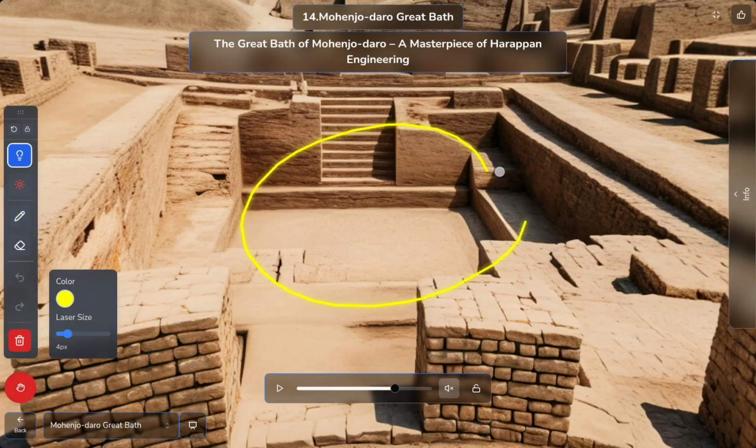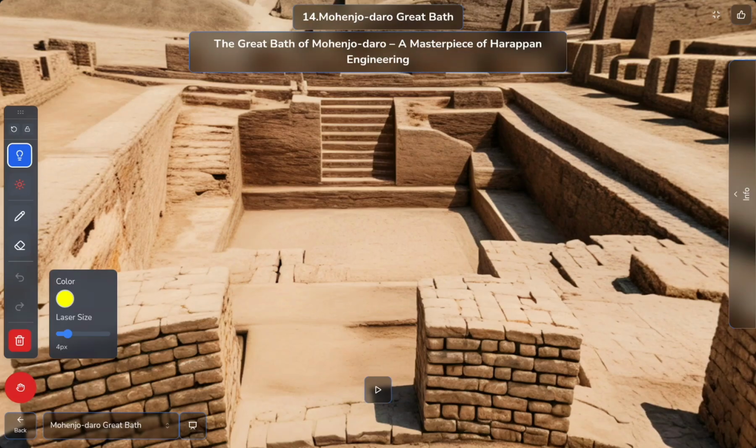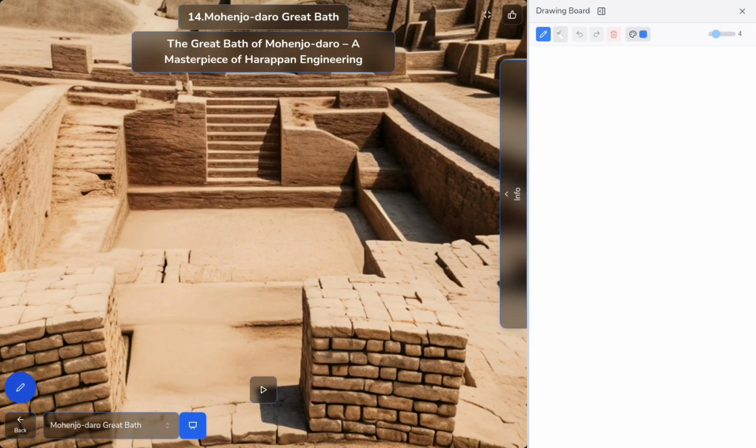This is a swimming pool pattern, or we call it the Great Bath. It is built with baked bricks. All the bricks are baked bricks, waterproof, layered with bitumen. Let me write it for you. It is layered with bitumen.